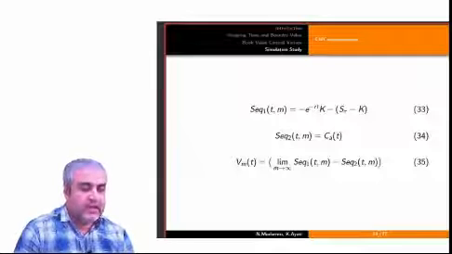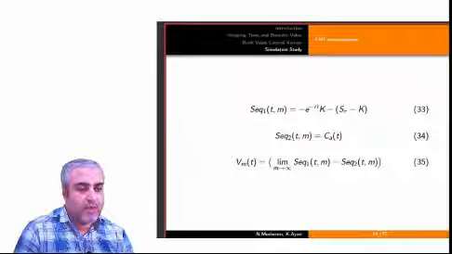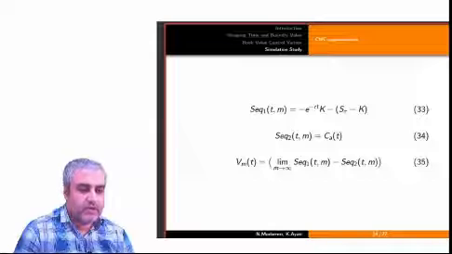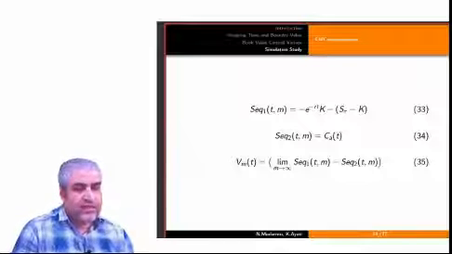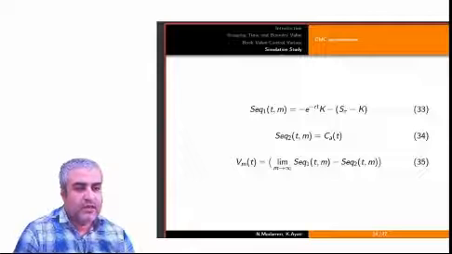This is the formula for approximation between the bond, the long-term interest rate, and the sequence of ST minus K, number 34. These differ, limited to the price approximation.